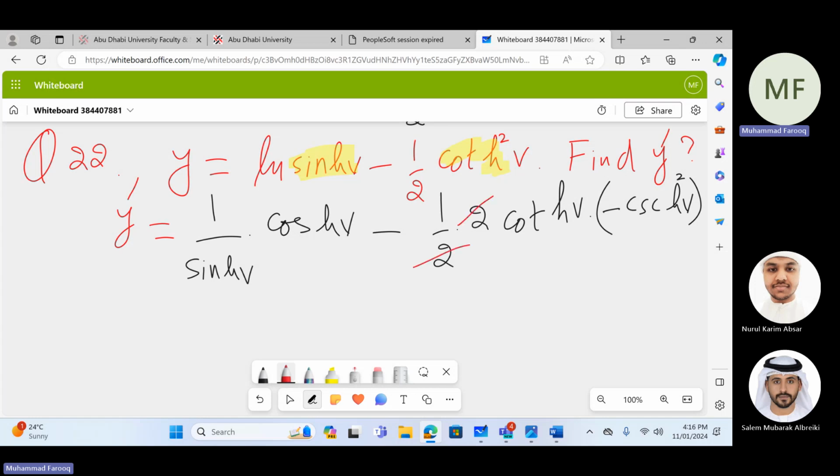Now there's one more thing, which is called identities of hyperbolics. There's one more table where you have identities, because these are hyperbolic functions, not trigonometric functions, and they have their own identities. For example, sine square x plus cosine square x is 1, but in hyperbolic, cosine hyperbolic square minus sine hyperbolic square is 1.